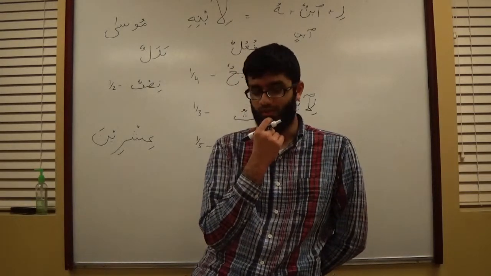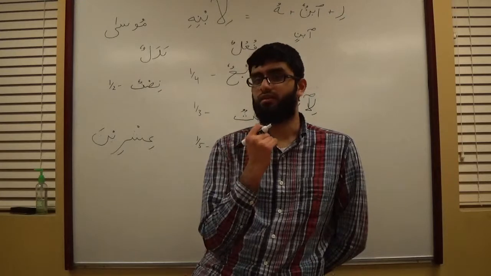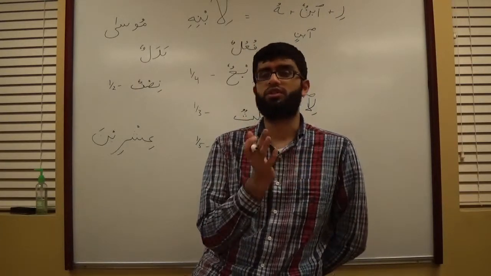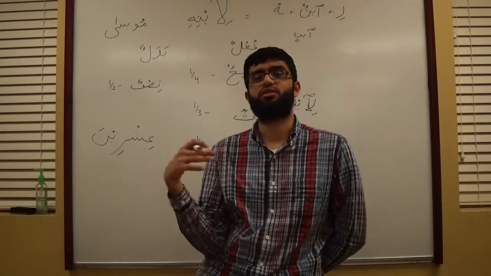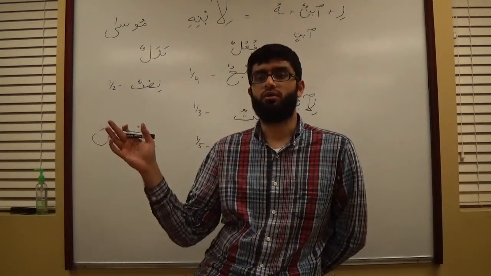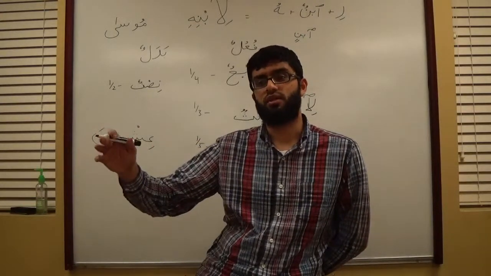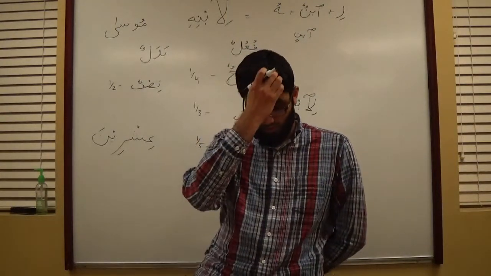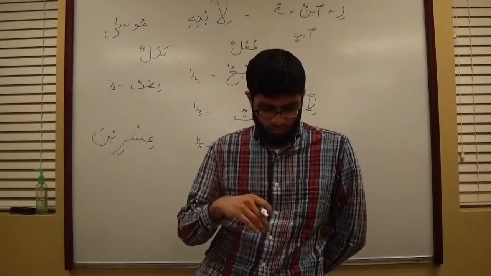No, it's not there. It's optional. In ذهب, you don't need a مفعول به. It was a trick question. So you can just say ذهب, or you can just say he left or he went. But you don't need a مفعول به because it doesn't have an object. That's right.